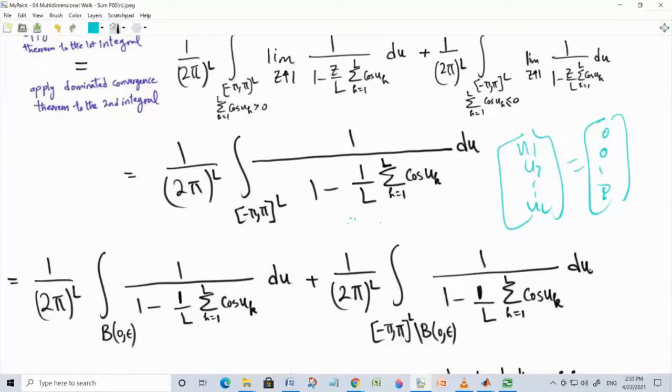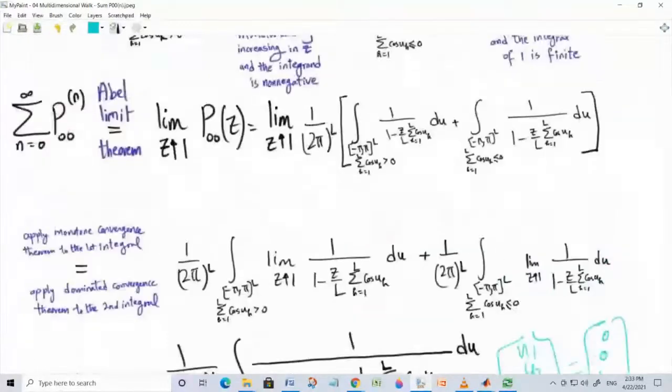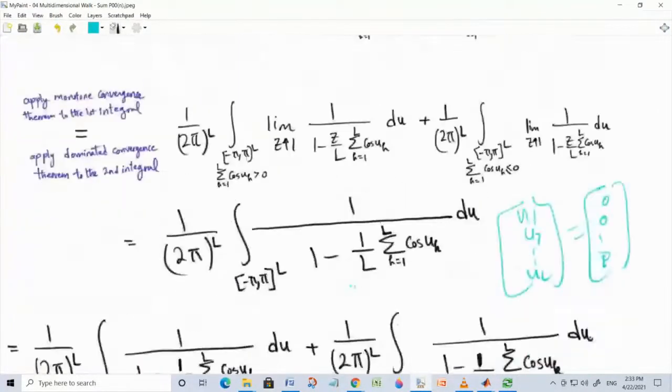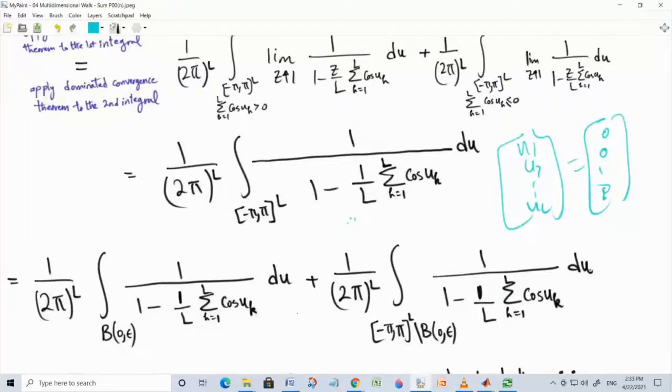So even after doing this Fubini, dominated convergence theorem, monotone convergence theorem, we are still in a situation that is not comfortable. What is the problem? The problem is when this summation is very close to L in value, something that happens near the origin.